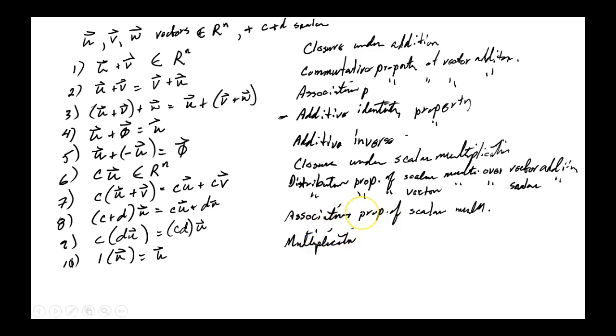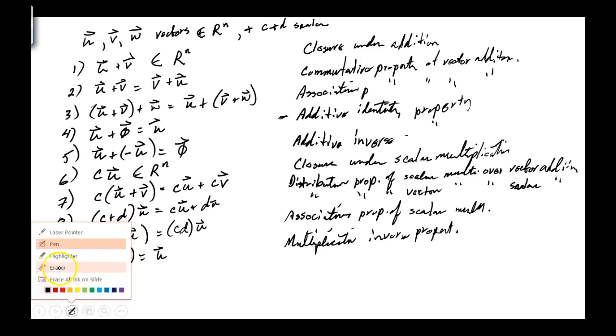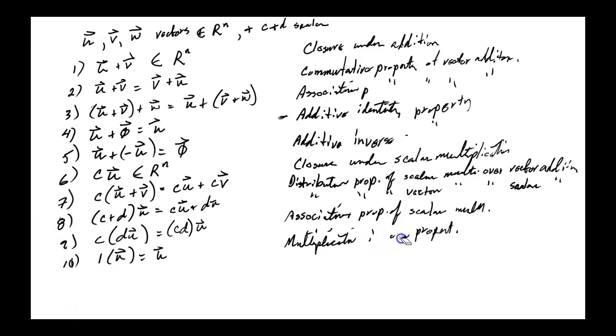Okay. Inverse property. Okay, all right. Multiplicative inverse, I'm sorry, not inverse, identity. For some reason I tend to cross those words out when I don't mean to. Okay. Identity property.